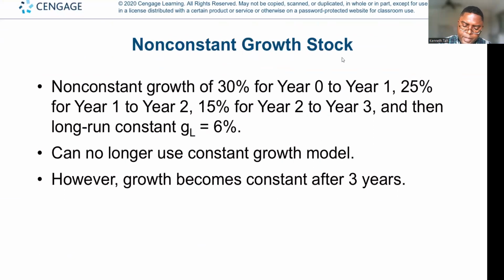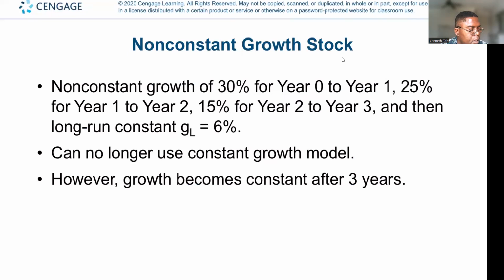So for example, non-constant growth of 30% from year 0 to year 1, 25% growth from year 1 to 2, 15% from year 2 to 3, and then in the long run, there is a constant growth model of 6%.